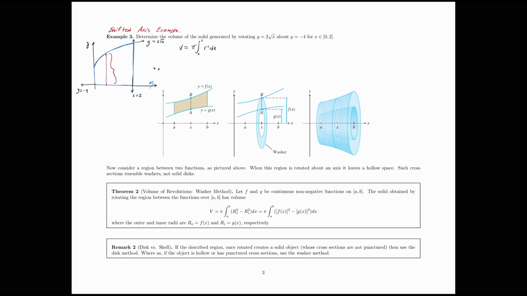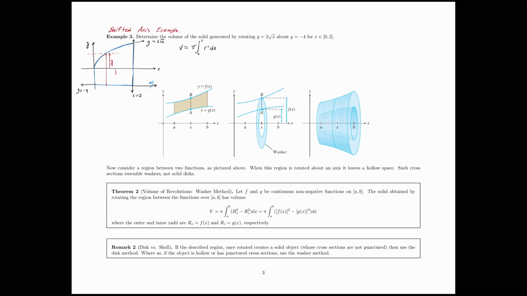So for instance, y would be this distance. Here I'm just going to put a little dotted line for a moment. This distance right here, that is y. And we know what this other distance is.